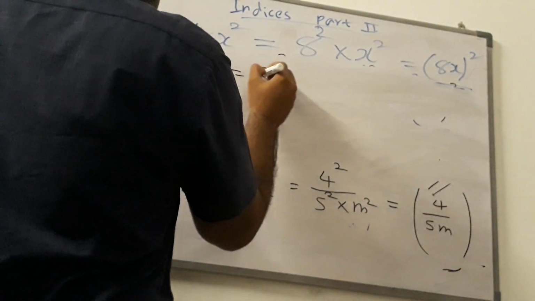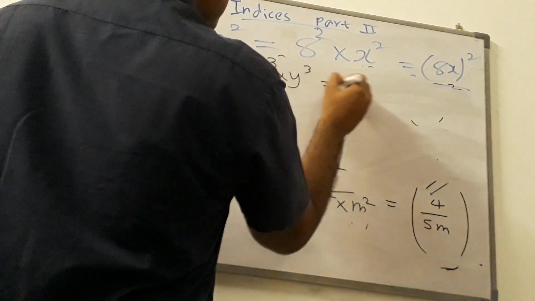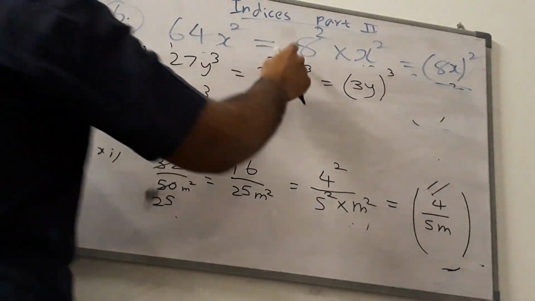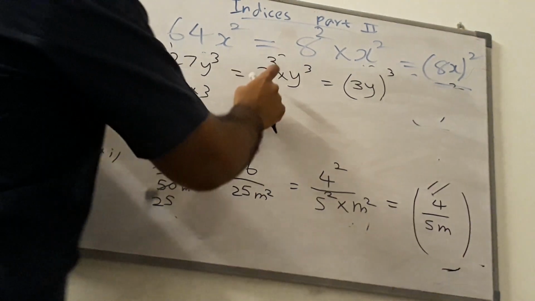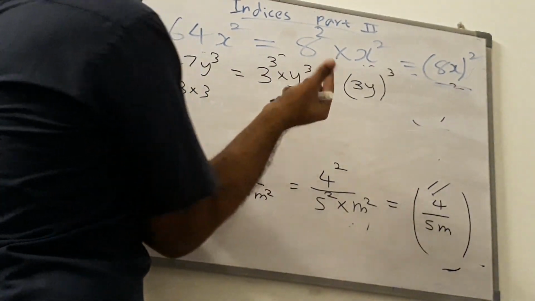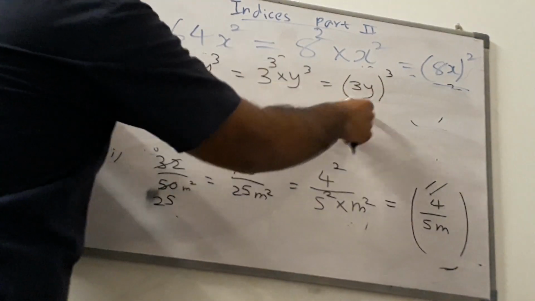So 27 can be written like 3 cubed times y cubed. Hence it is to the power 3 outside. As the power 3 is common to both 3 and y, we can write the power 3 outside 3 and y as a combination. It's a product, so 3 times y means 3y.